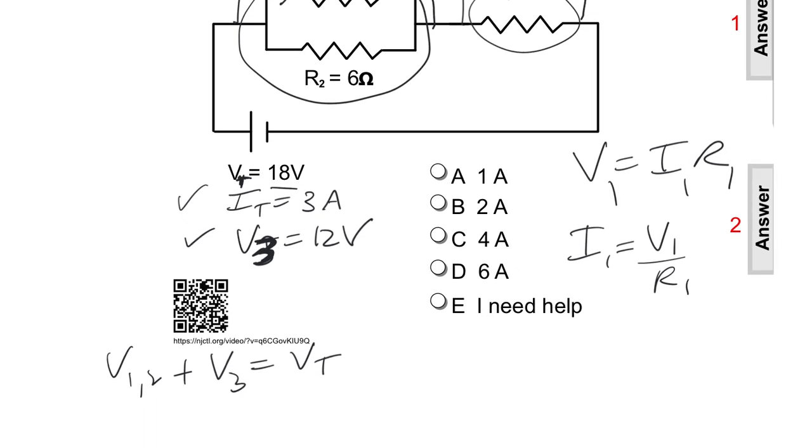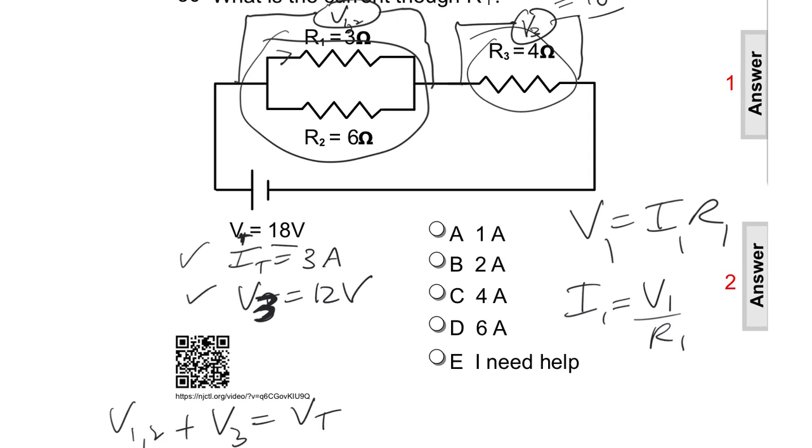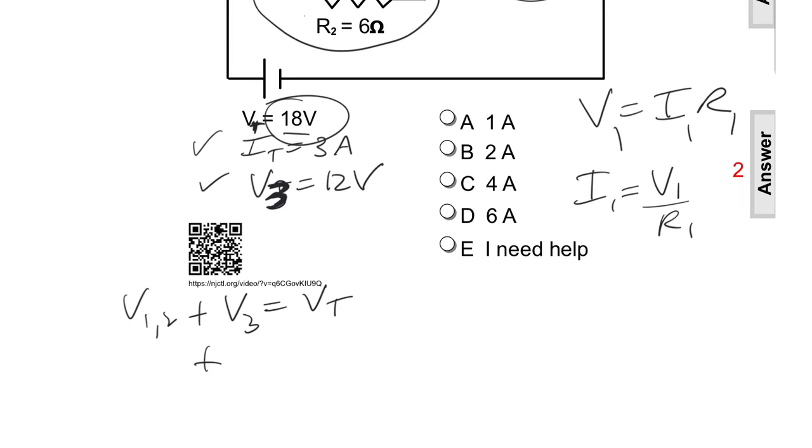So the voltage across this parallel pair of resistors has to add up with 12 to be the total of 18. So V12 is equal to 6 volts.